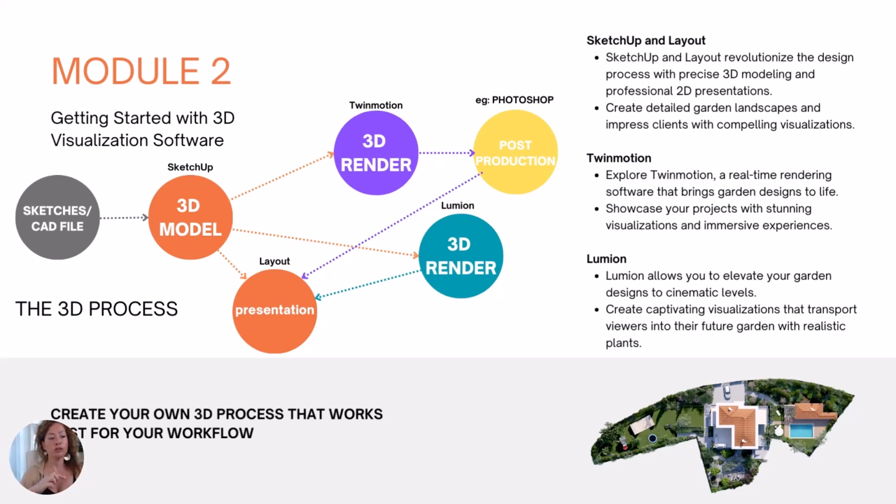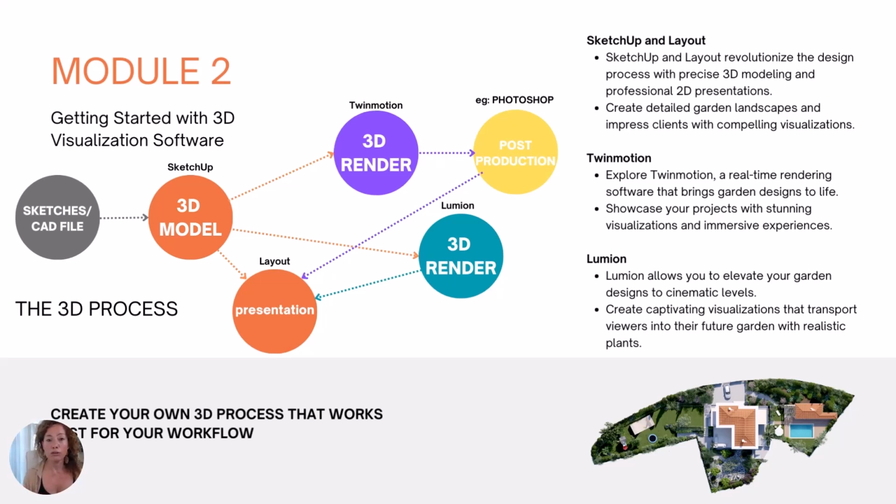For example, if you're choosing a SketchUp and Lumion bundle, you don't need to go to another post-production program because Lumion is pretty good at that. But you need to go to Layout for your presentation as well. Of course, you could always choose just SketchUp. And here it's an amazing software.